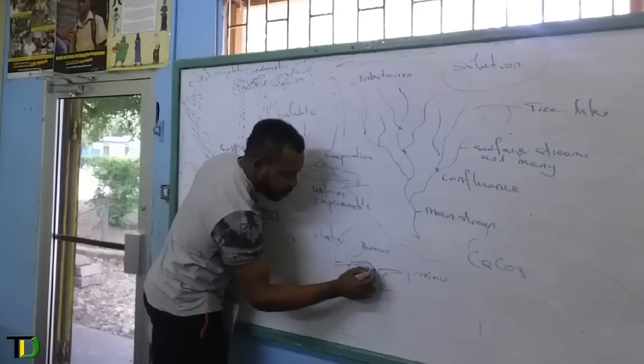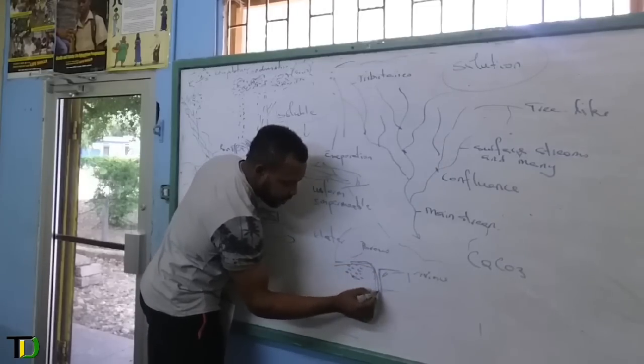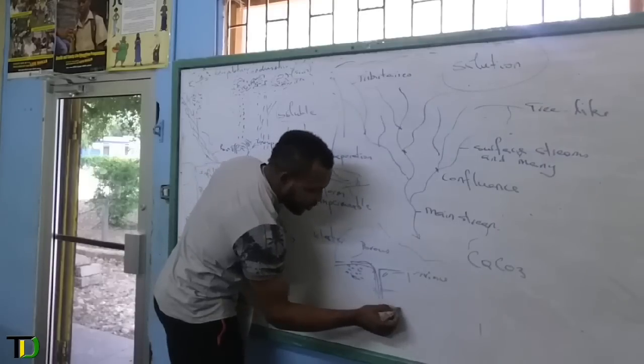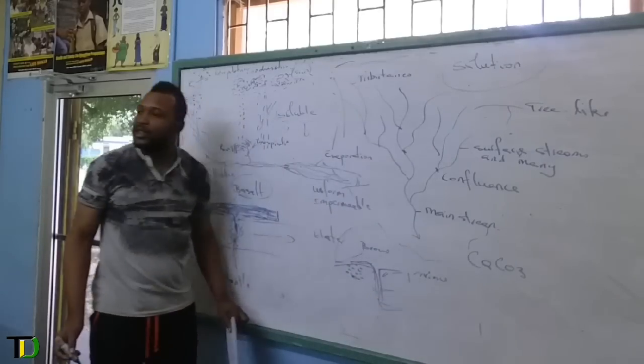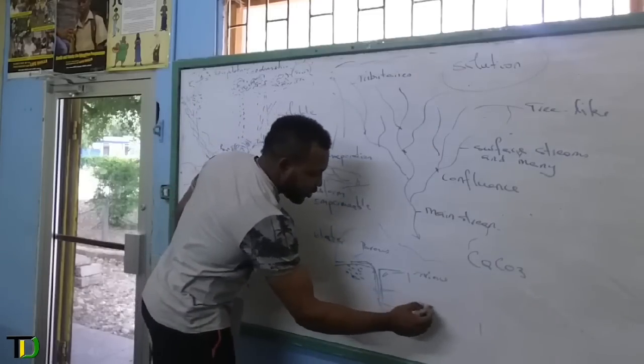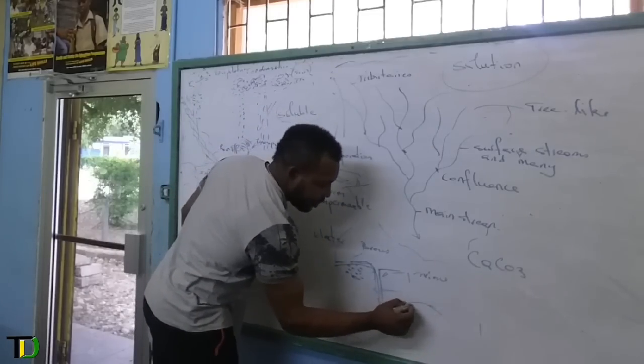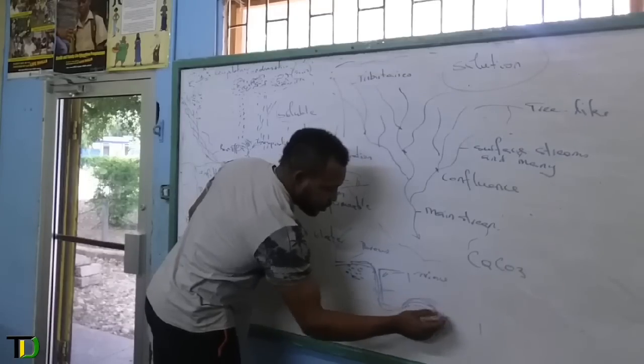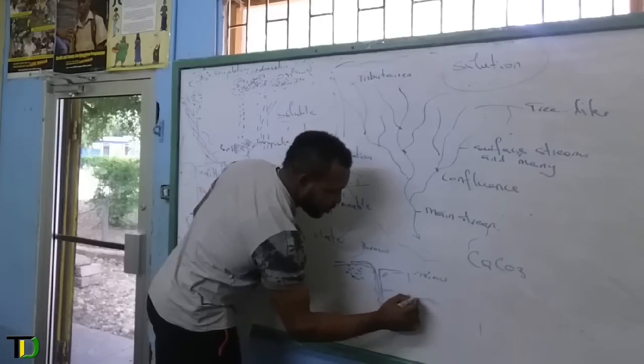Flows down the vertical joint here. And it will go underground. When it goes underground now, the water will continue to erode material underground. So it will start to erode areas underground, start to open up here. As it does that now, you have caverns that are formed. Those caverns become larger and larger over time to form what?